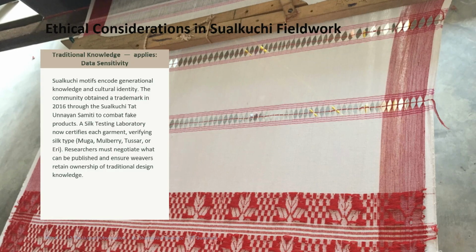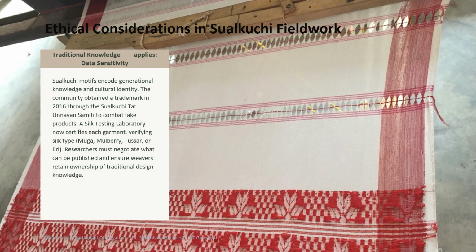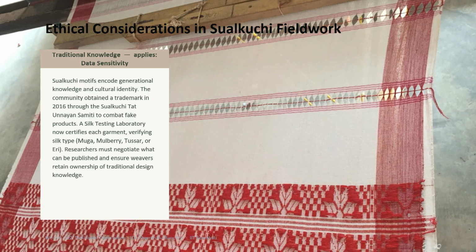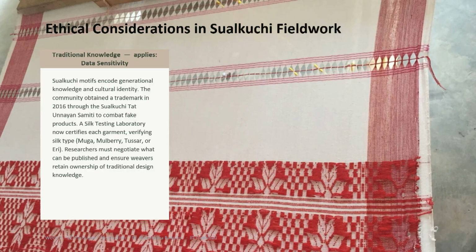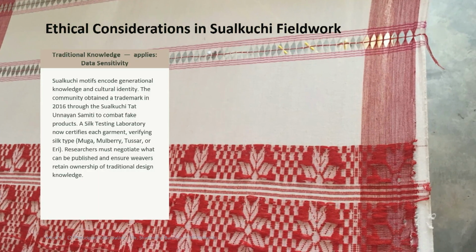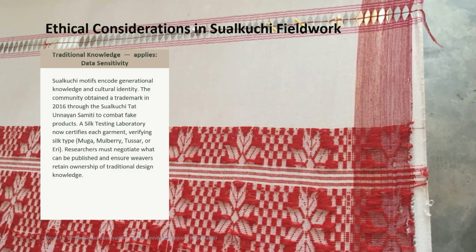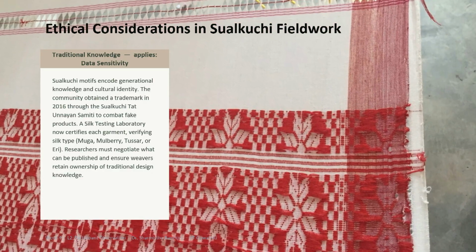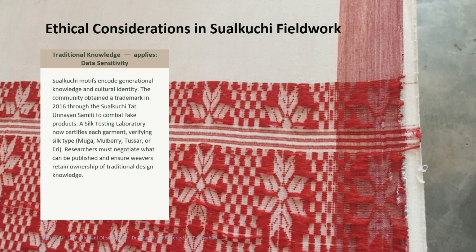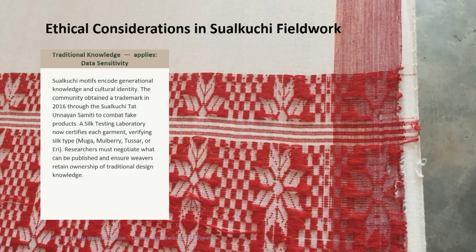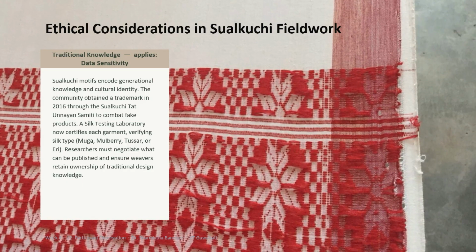Now, coming to traditional knowledge, it applies to data sensitivity. Swalkuchi motifs encode generational knowledge and cultural identity. The community obtained a trademark in 2016 through the Swalkuchi Tahatunnan Samiti to combat fake products. They also set up a silk testing laboratory that certifies each garment on the type of silk which has been used.